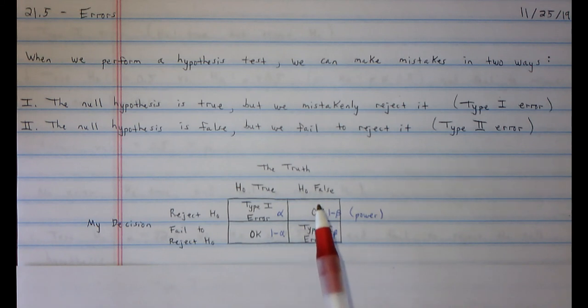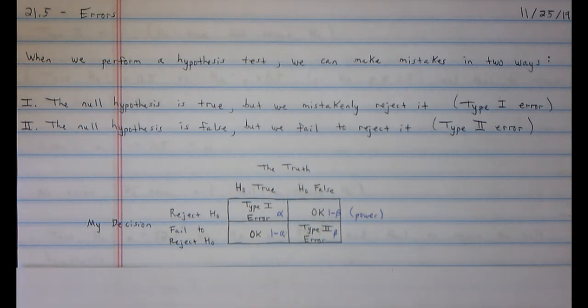In the second column, H naught is false. If we reject H naught, we've done the right thing, this is okay. But if we fail to reject H naught, we've made a type 2 error. One of the main ideas we'll discuss in this video is that of the power of a test.